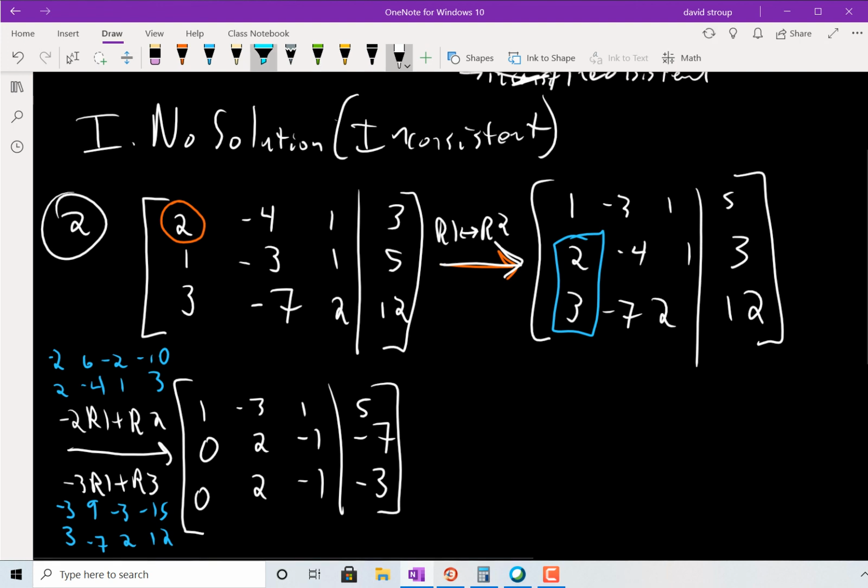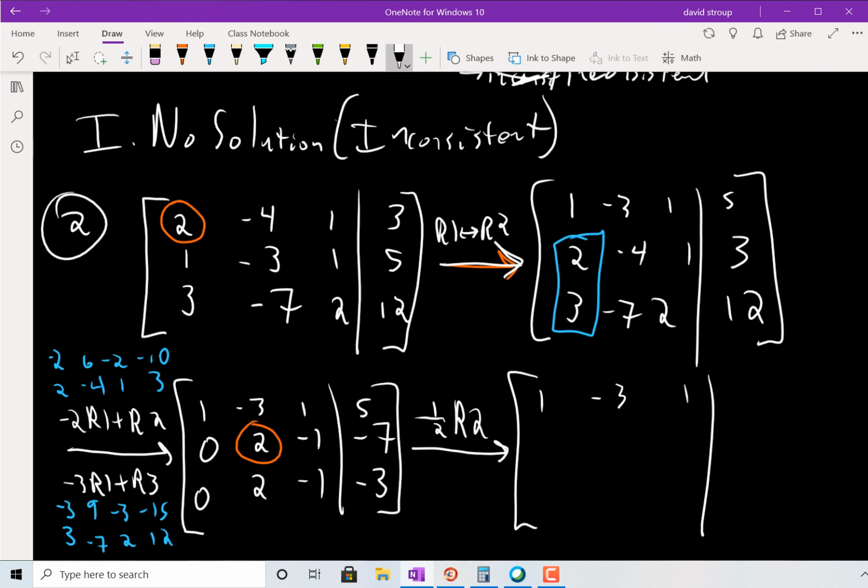Okay, what's next? I want to get 1 in the second pivot position. So I need to get a 1 here. So it looks like I'm going to have to multiply by 1/2. And we'll have some fractions. 1/2 row 2.